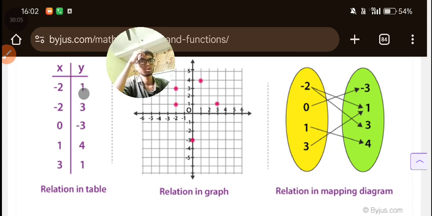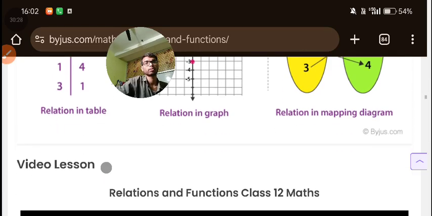Here minus 2 comma 1, minus 2 comma 3, 0 comma 3, 1 comma 4, 3 comma 4, not 3 comma 4, 3 comma 1. That is how we represent relations in a mapping diagram.